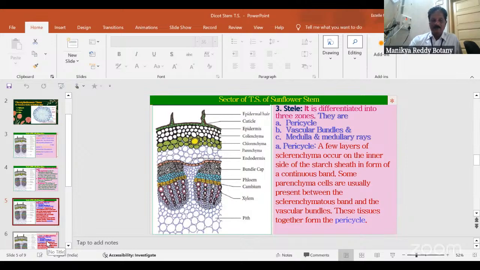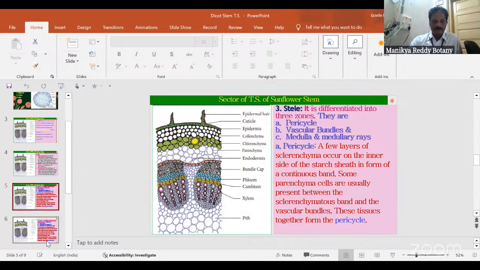Next one, vascular bundles. Vascular bundles you have already seen. You see the right side image.